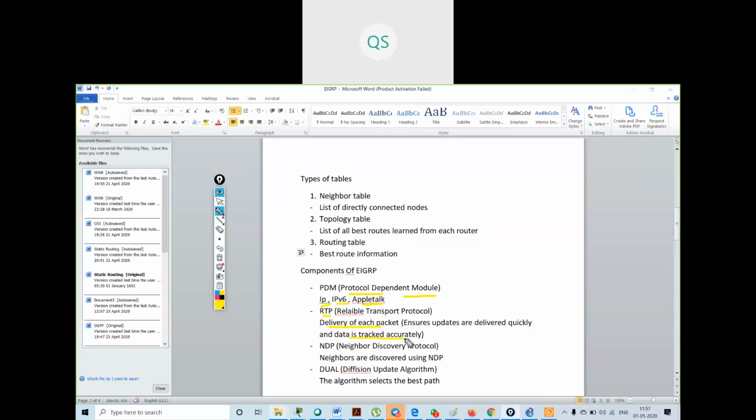Whatever updates are sent on the multicast address are tracked accurately. The RTP protocol looks into the delivery of the updates.